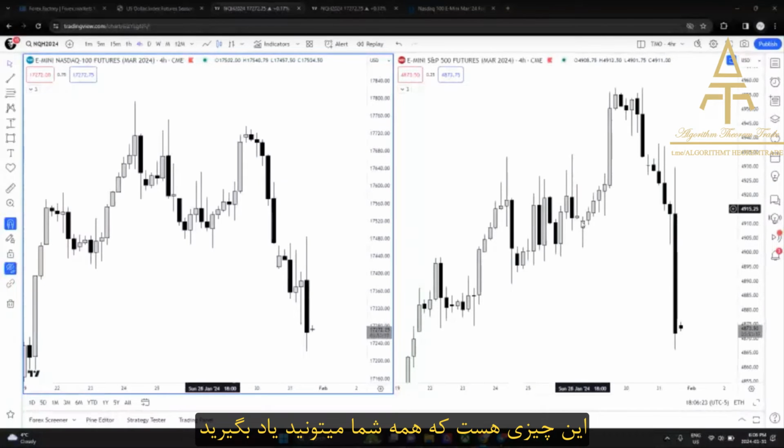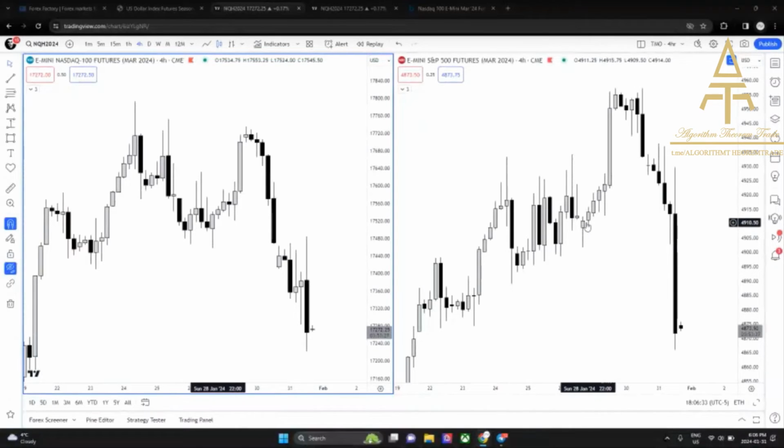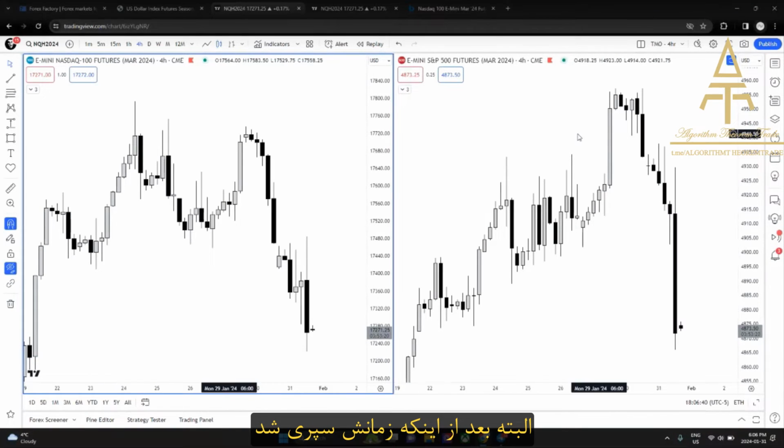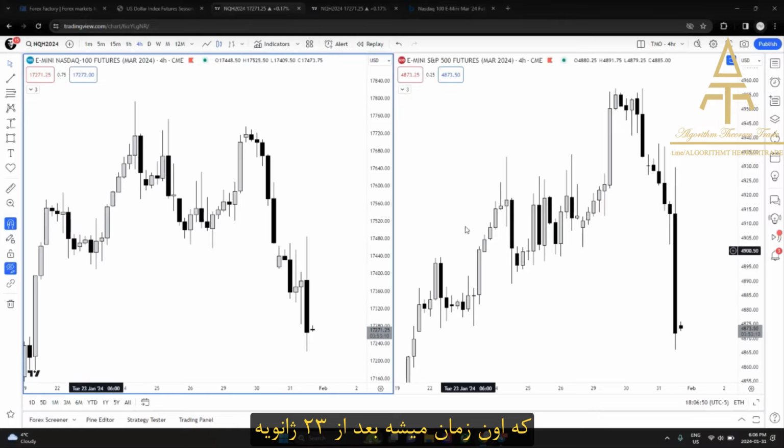This is something that all of you guys can learn, and something that some of you have already learned, and you will get better at this as we progress. So we have the S&P 500 taking out this high after the time has passed, after price has been going up until it became time for it to reverse, which happened after January 23rd.